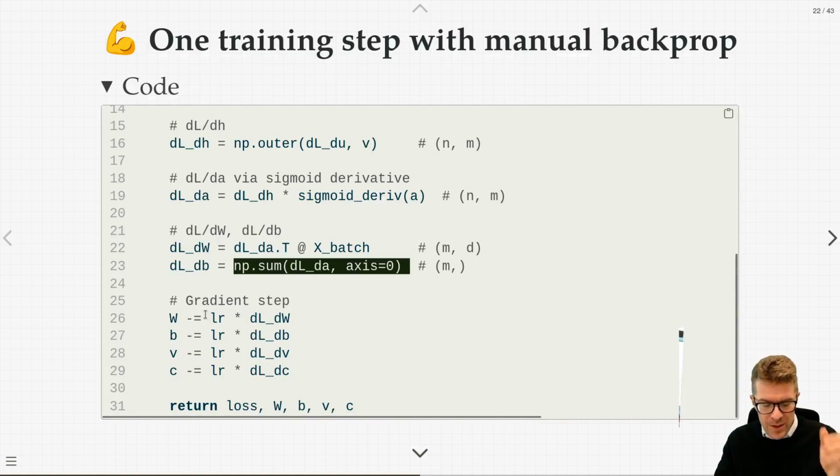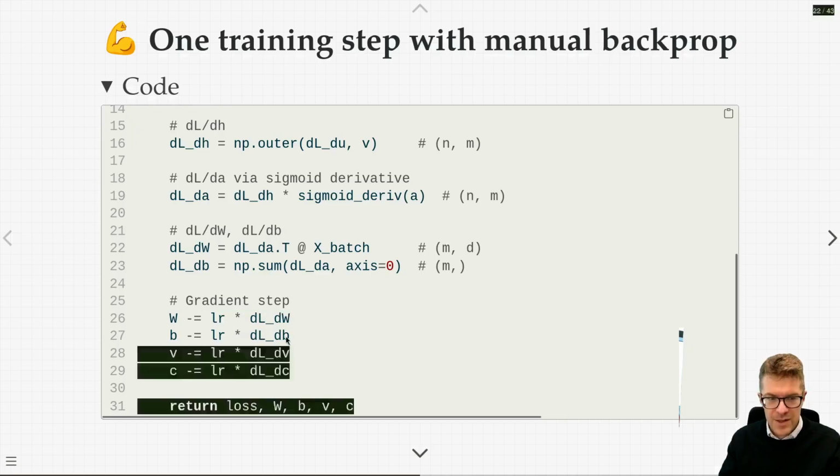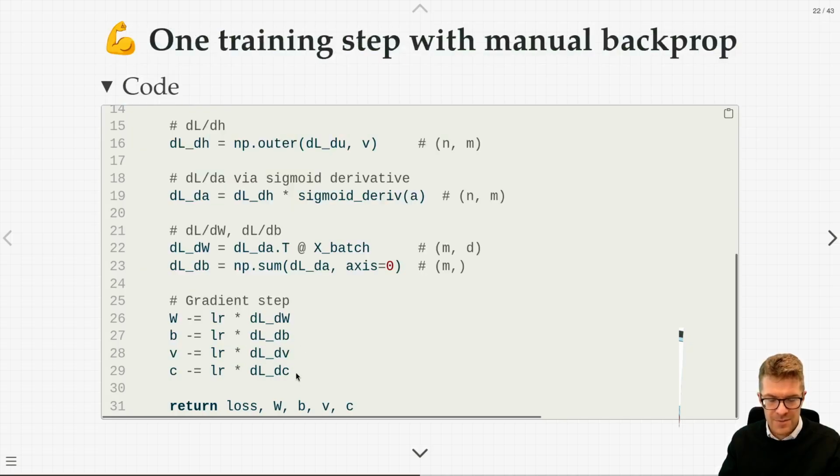Remember in the previous module we talked about updating the parameters of our neural network. We have our original weights, and then we subtract some learning rate hyperparameter times some change. Back then it was only the difference. Now we're dealing with derivatives. So these four lines are basically that one line of learning from the first neural network module.